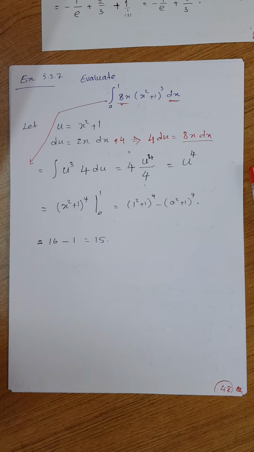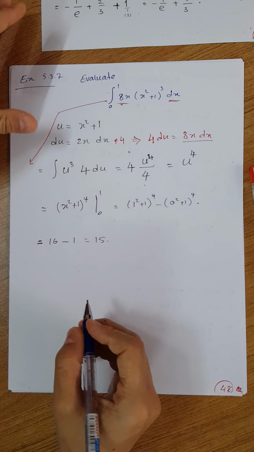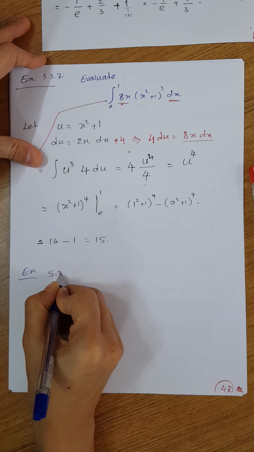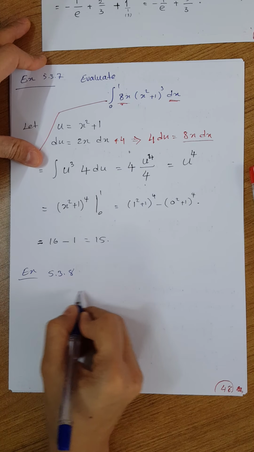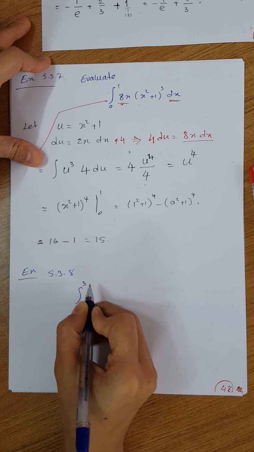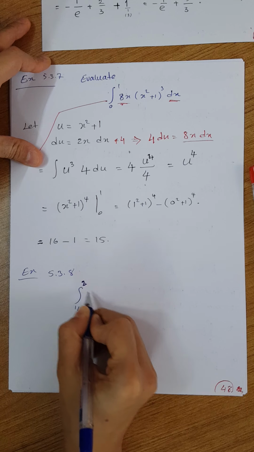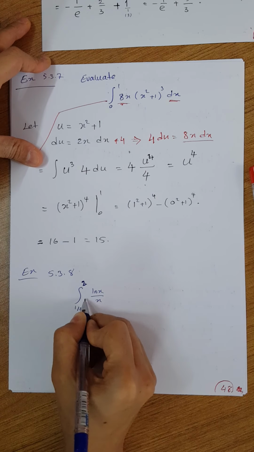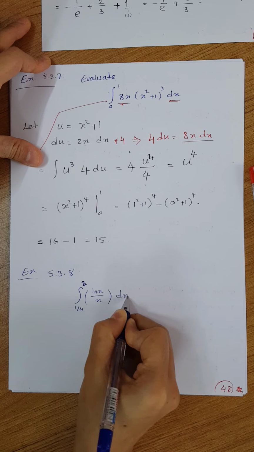You're given another example, but I think I will leave that example for you to do it yourself. Example 5.3.8. Again, an integration is given to you from 1 over 4 to 2, of ln of x over x dx.